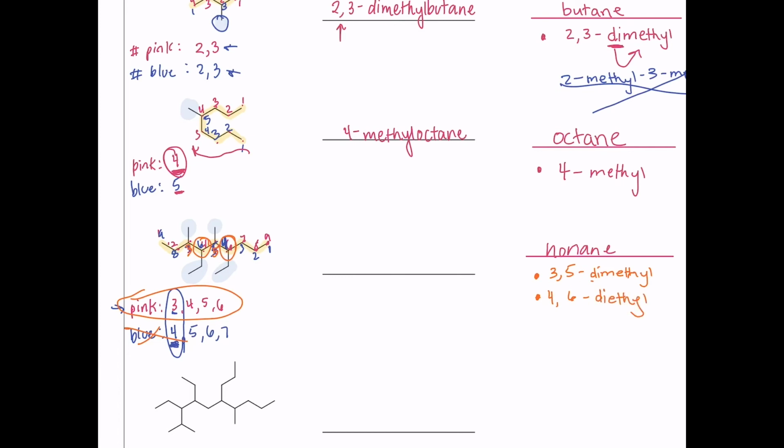Okay, so this is the first question where we have more than one substituent. So what we need to do is list these substituents in alphabetical order. Now here's the interesting thing.